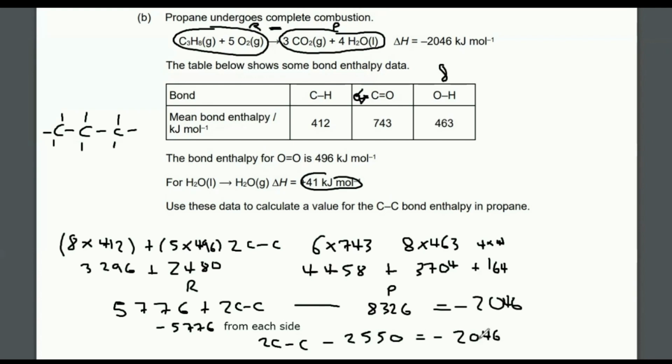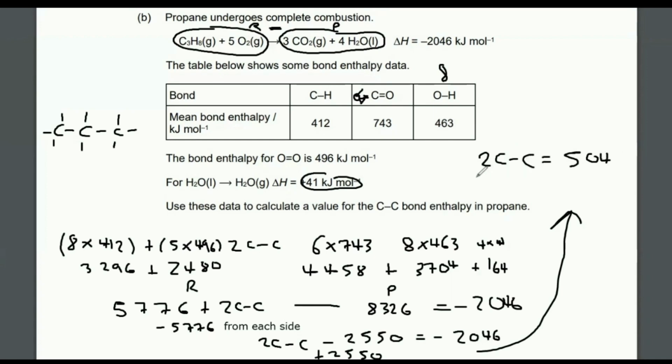2046. So now what I want to do is add 2550 to each side. And if we do that, running out of room, I'm going to get 2cc is equal to 504.